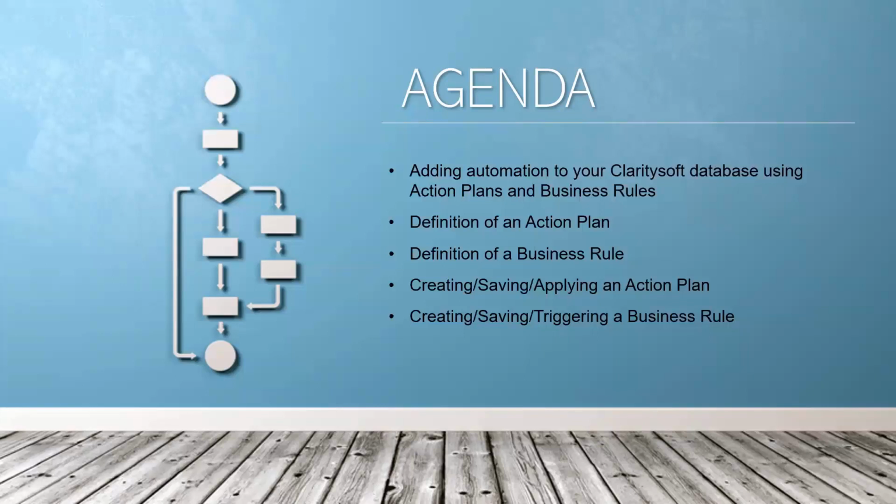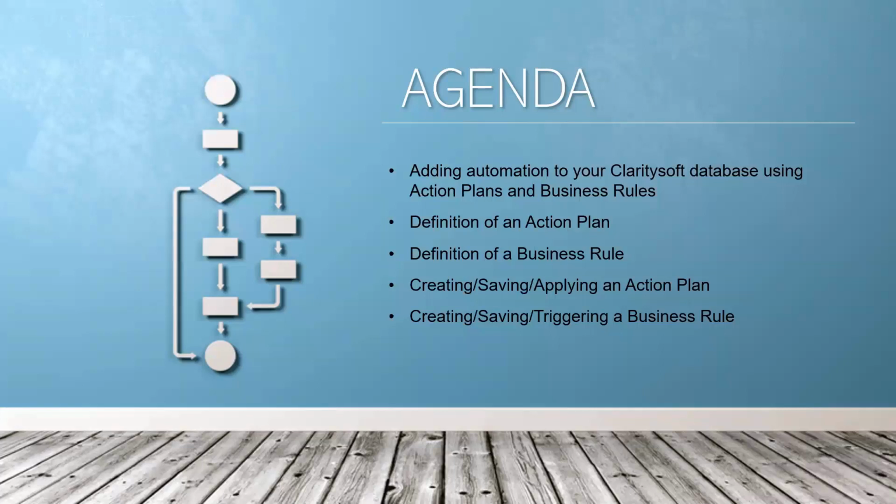Action plans allow you to add a group of activities all at one time to your database. An example of using this would be if you have a new lead come in and you want to have certain follow-up activities that are done by your sales team within a certain amount of time. So for example, when a new lead is brought in, the first thing that you want them to do is either call or email that lead within a day of that lead being created.